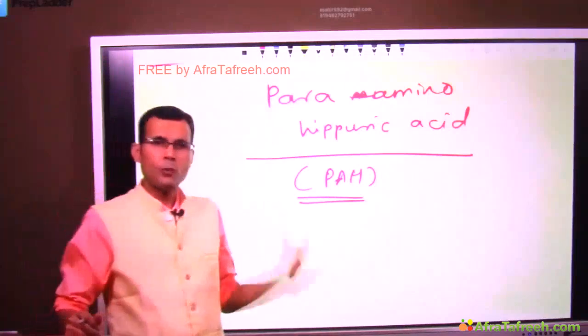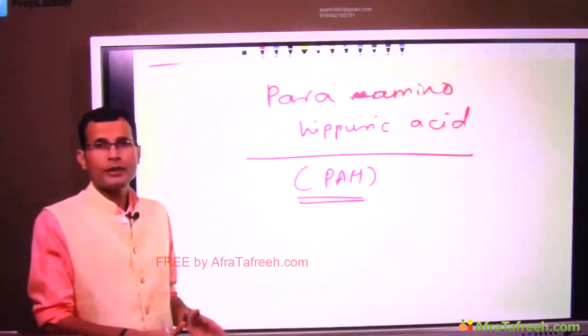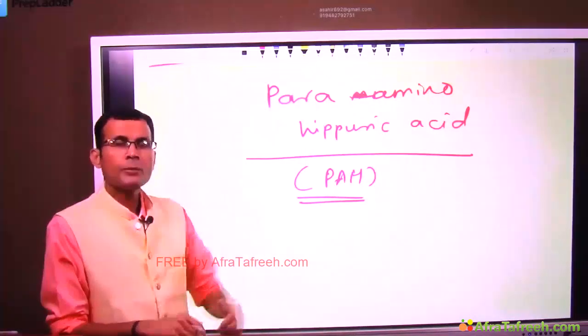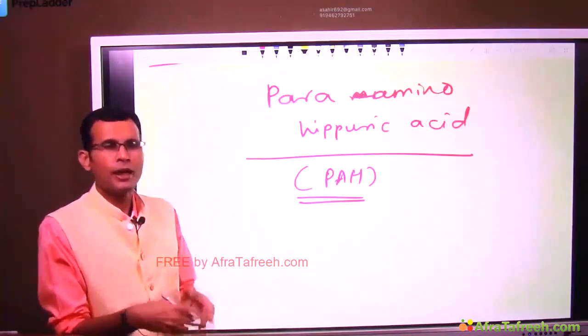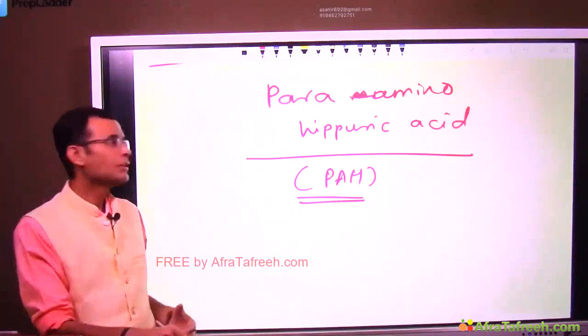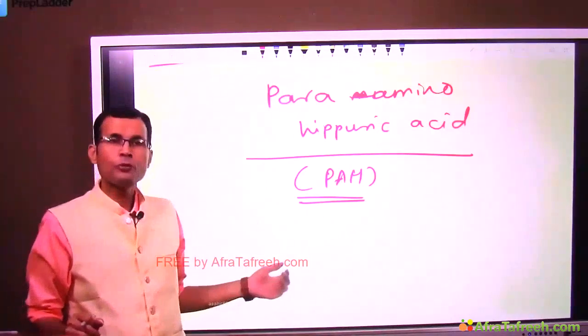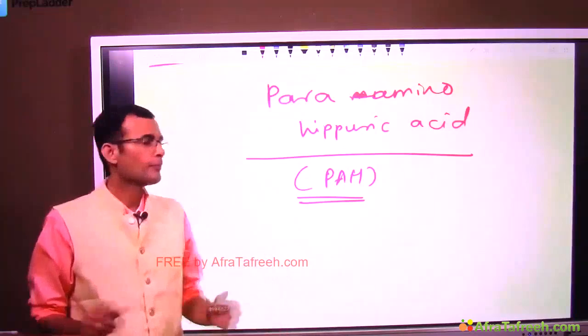Let's try to understand why. It's a concept again, and at the start of the previous section I had asked one question. It was a sample question: in a patient, renal blood flow was to be measured.